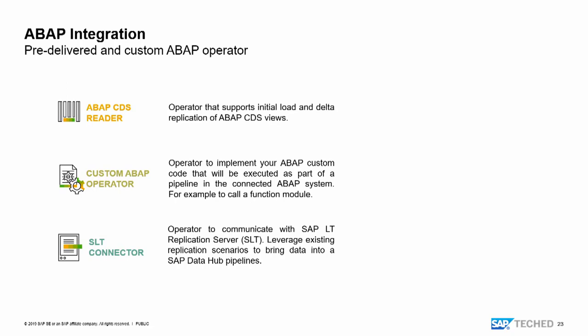Another pre-shipped operator, or basically the flexibility to also create custom-owned operators, is what we call the custom ABAP operator. We defined a body interface in the ABAP system, which is being shipped and which can be used by any partner, customer, or freelancer to implement custom-specific logic.